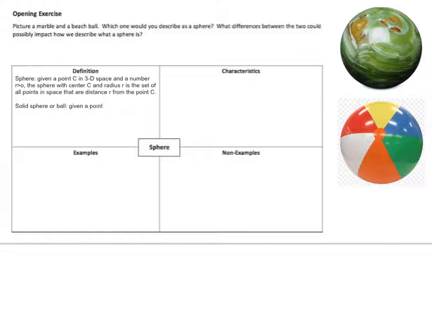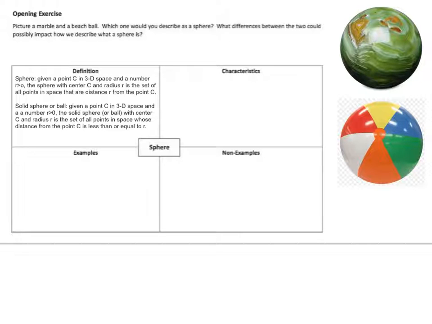Same start. Given a point C in three-dimensional space and a number r greater than 0, the solid sphere, or ball, or marble, with center C and radius r is the set of all points in space whose distance from the point C is less than or equal to r.